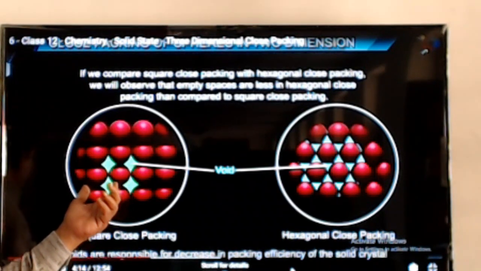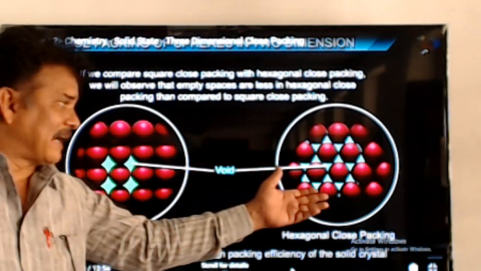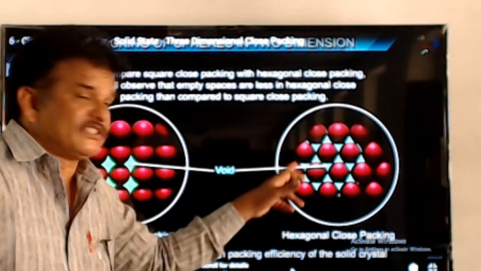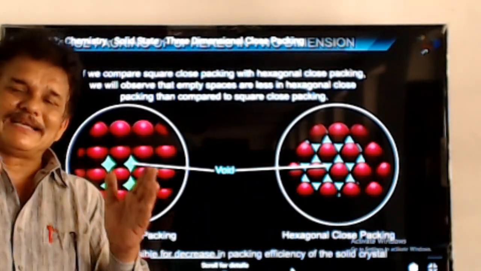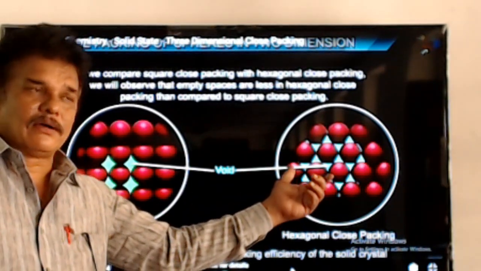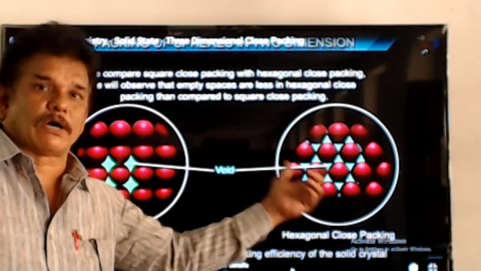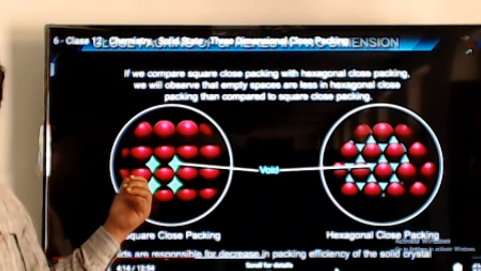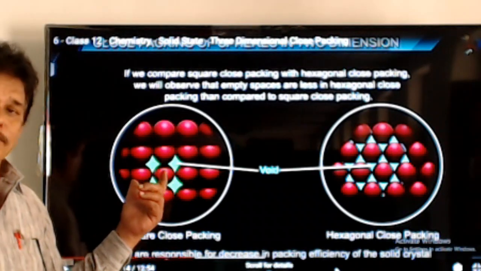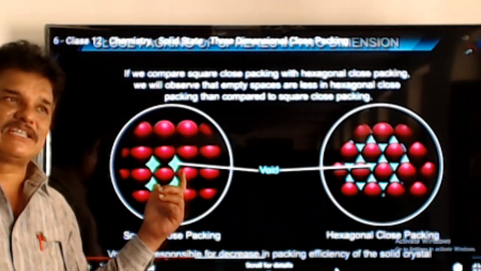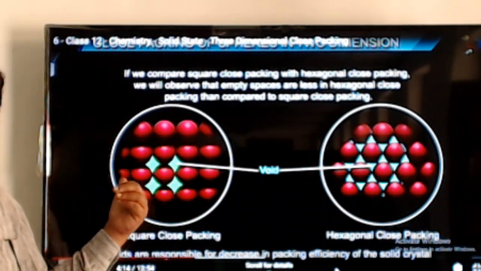In hexagonal close packing, the packing efficiency is 91%. That means if we take 100 cc of crystal, the volume occupied by the particles is 91. In square close packing, if 100 cc is the volume of the crystal, then the volume occupied by the particles is only 78.5. Here 91% and here 78.5%.